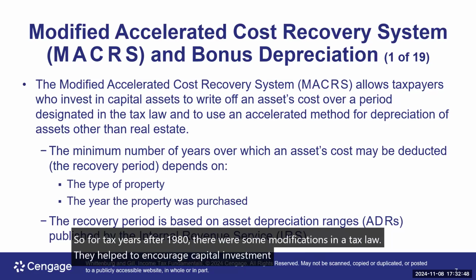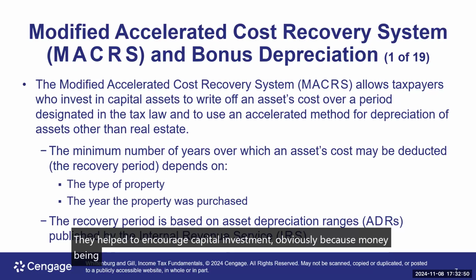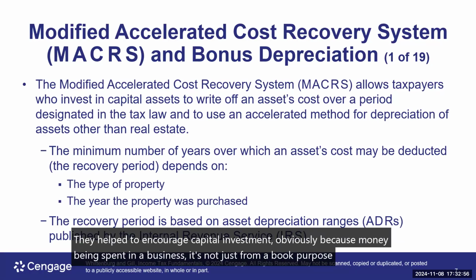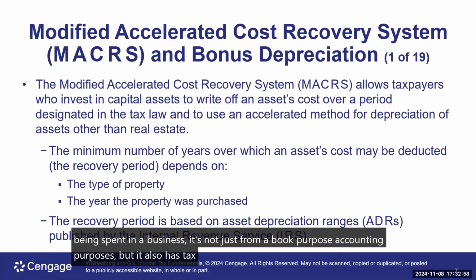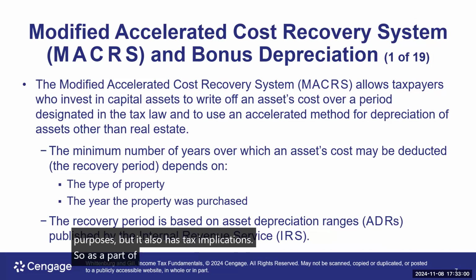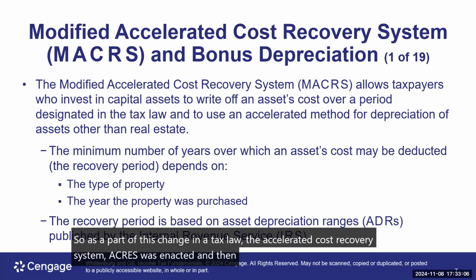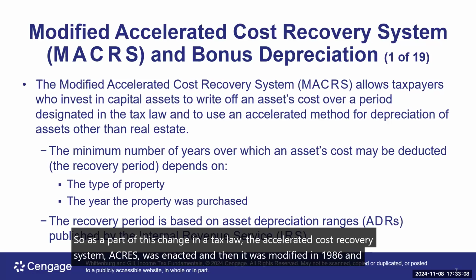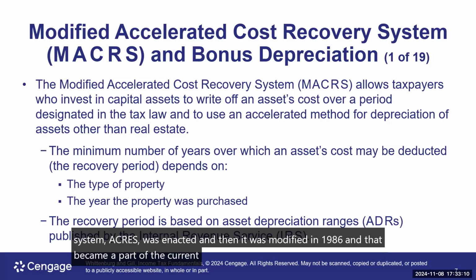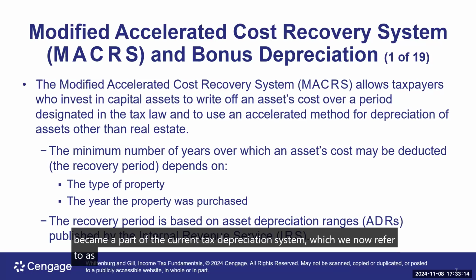Obviously, money being spent in a business is not just a book and accounting matter, but it also has tax implications. As part of this change in the tax law, the Accelerated Cost Recovery System, ACRS, was enacted, and then it was modified in 1986, and that became a part of the current tax depreciation system, which we now refer to as MACRS, the Modified Accelerated Cost Recovery System.